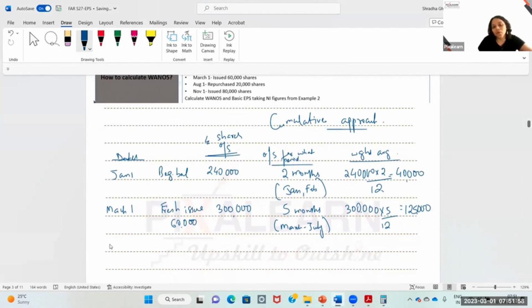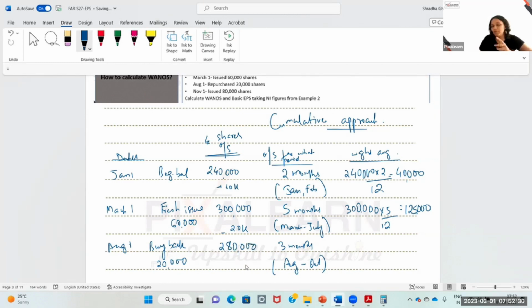So now on August 1, I bought back 20,000 shares. That means for how many months now? August, September, October. For 3 months, how many shares do I have outstanding? This 300 plus 60K, minus 20K, will give you 280,000.